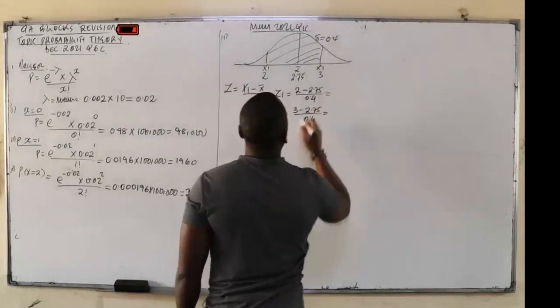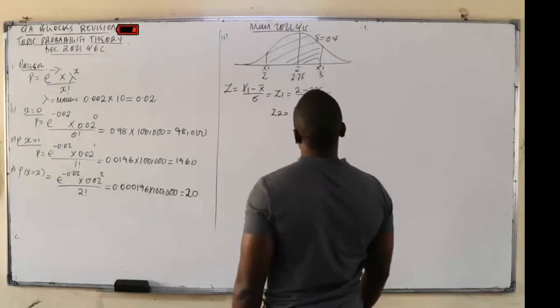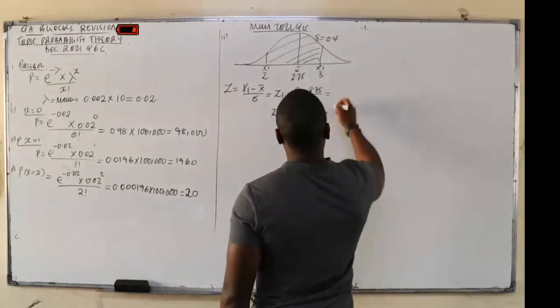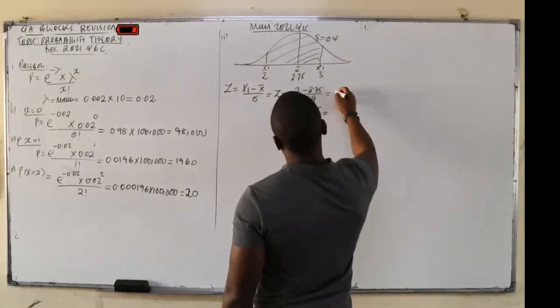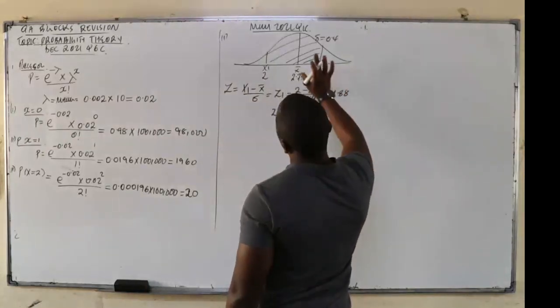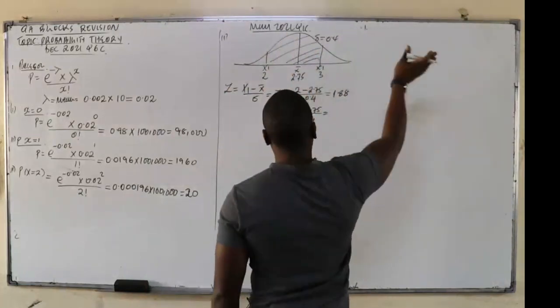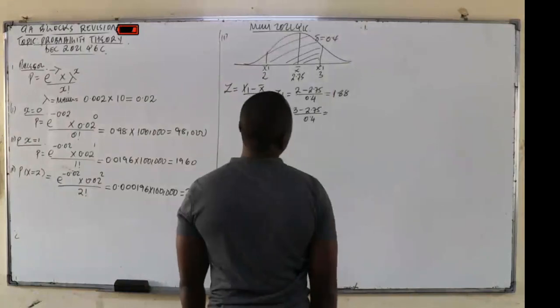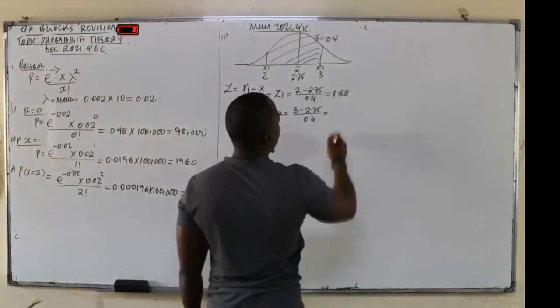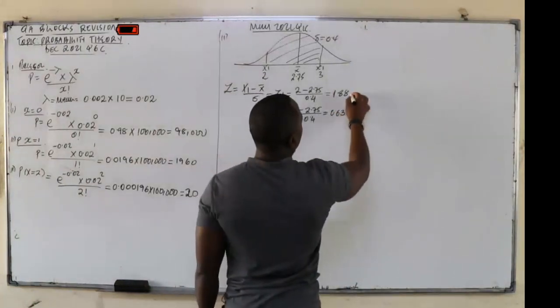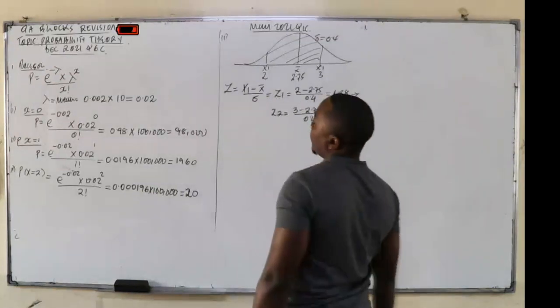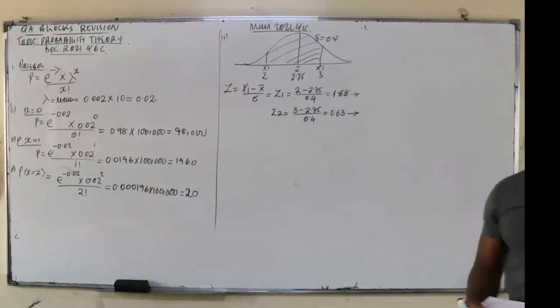It should always be to 2 decimal places. 1.88. But we say that for normal distribution, we ignore the negative. Negative means on the lower side, positive on the upper side. 0.63. Now we did this from the table. I use the normal distribution table.